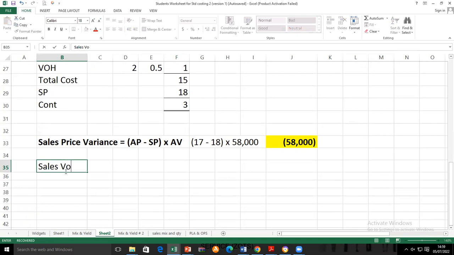Sales volume: actual volume less budgeted volume, multiplied by the budget contribution per unit.